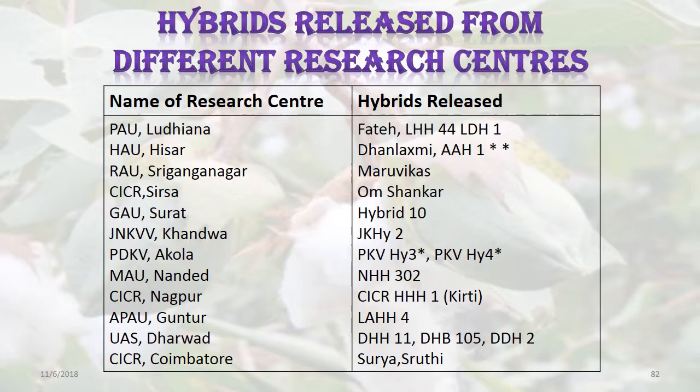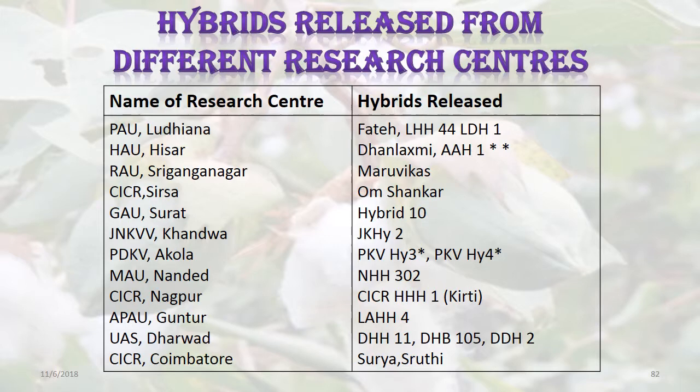Coming to hybrids released from different research centers, the first center is PAU Ludhiana, which released Fateh, LHH144, LDH1, and recently the BT cotton varieties. Then HAU Hisar released Dhanlakshmi and AAH1. Then Sriganganagar RAU released Maruvikas. Then Sirsa released Om Shankar, Surat Hybrid 10.